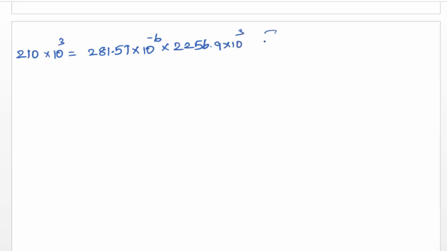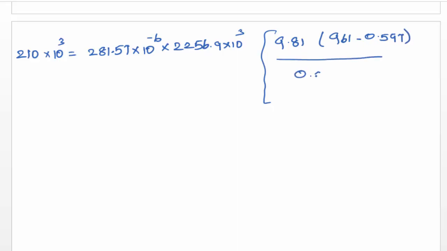Q by A is 210 into 10 to the power 3, which is equal to 281.57 into 10 to the power minus 6 into HFG value 2256.9 into 10 to the power 3, then the first bracket 9.81 into 961 minus 0.597 divided by 0.0588, to the whole power 0.5.